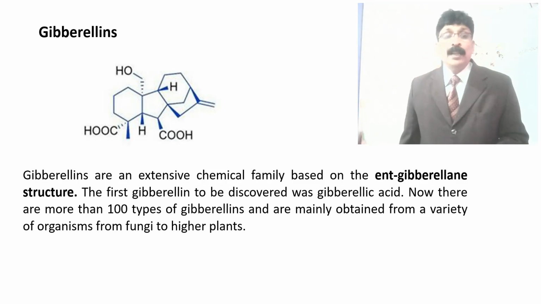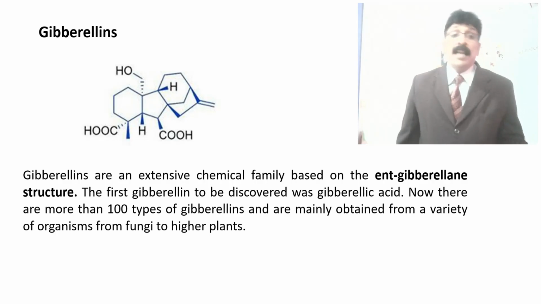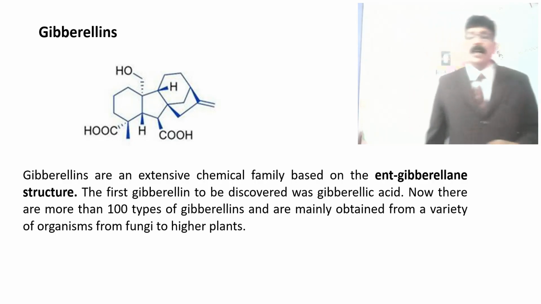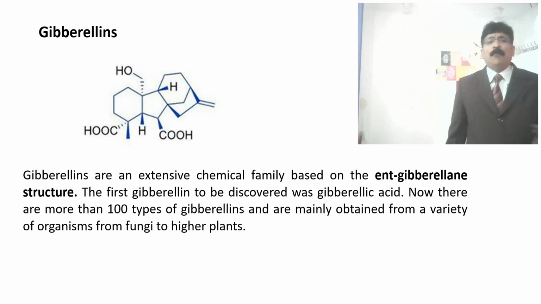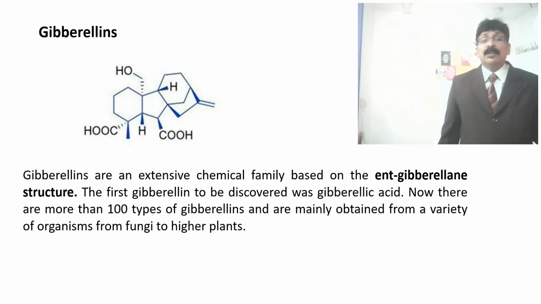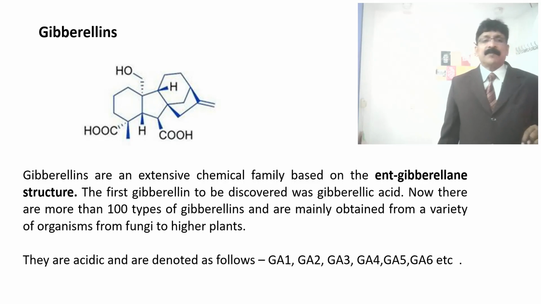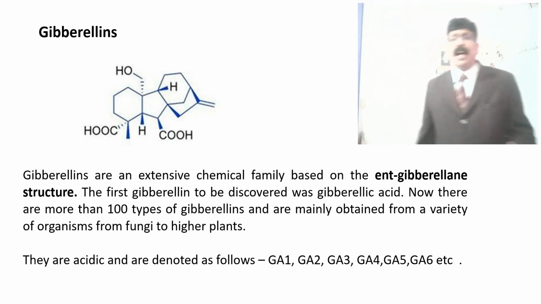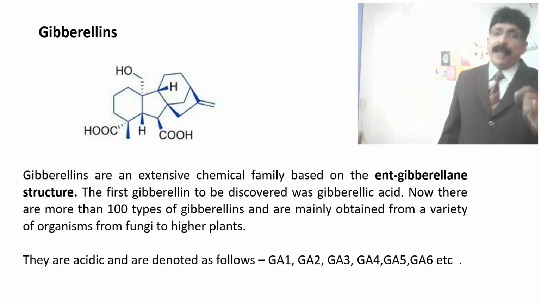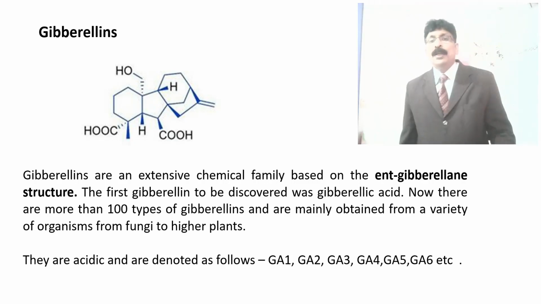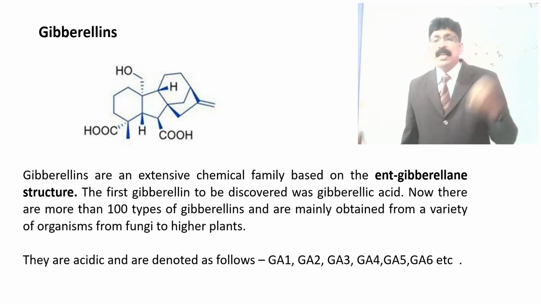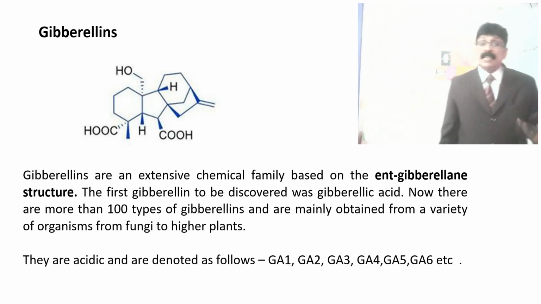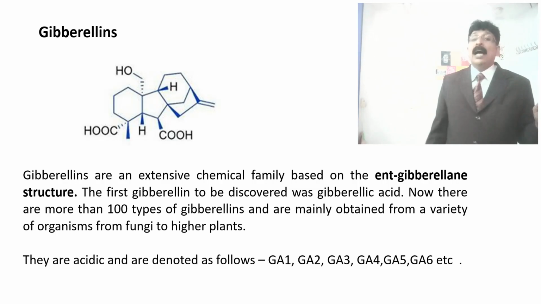Now there are more than 100 types of gibberellins, mainly obtained from a variety of organisms, from fungi to higher plants. They are acidic and are denoted as gibberellin A1, A2, A3, A4, A5, A6, etc. Hundreds of gibberellins have been identified now.